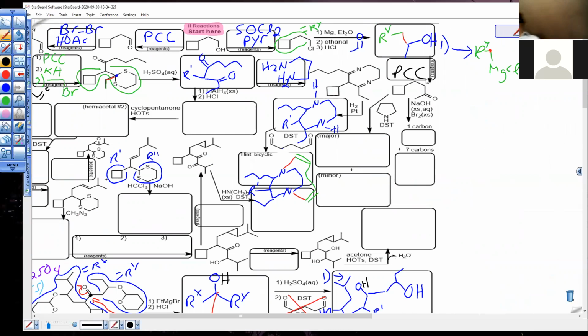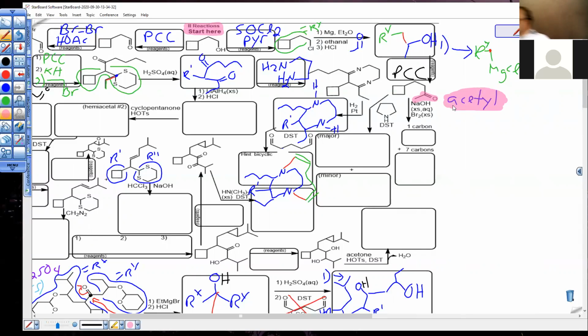And then we have a ketone that has a carbon with 3 H's on it. And you see that combination, that's an acetyl group. Don't get confused with acetal. Acetyl group is CH3 attached to carbonyl.